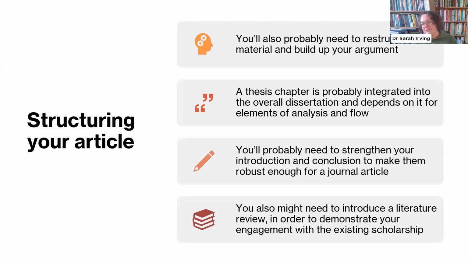It can refer to other chapters in a way that a journal article can't. So you need to be able to include sections that make what's in the article clear to a reader.